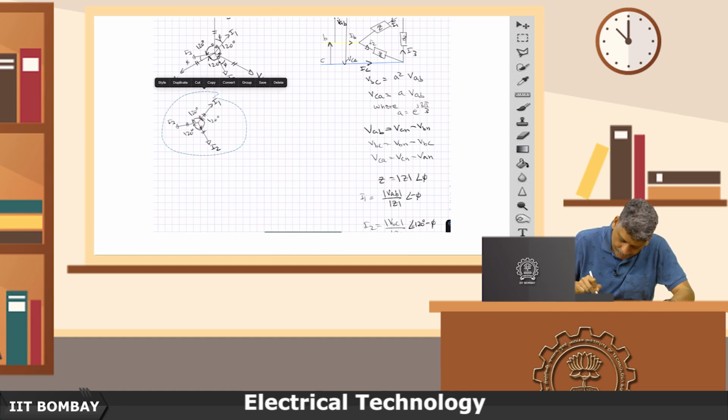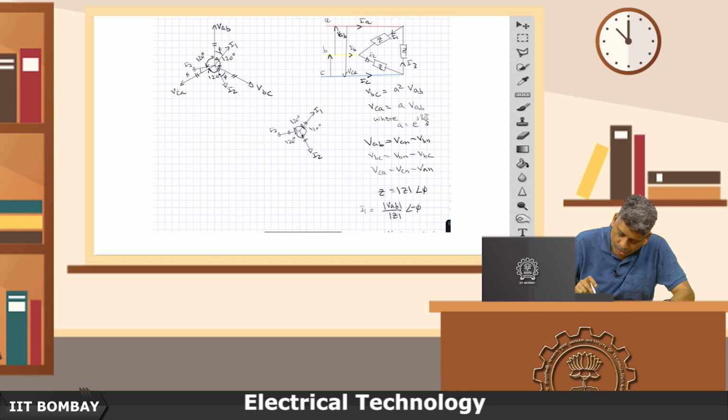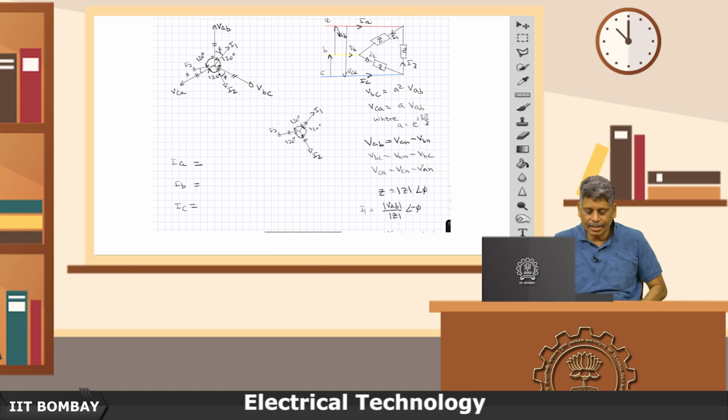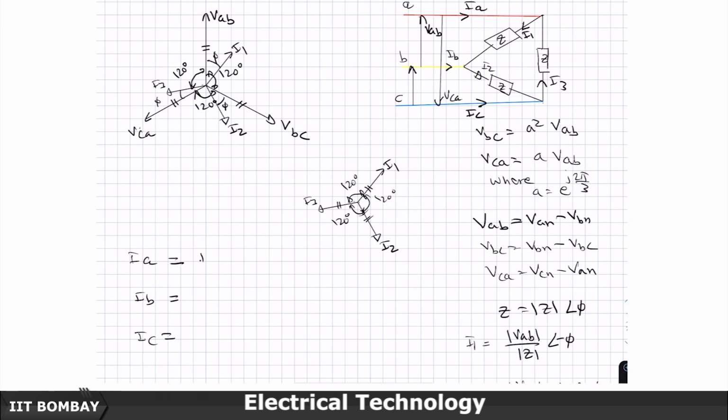So, now let us look at what are my currents, the 3 line currents IA, IB and IC. IA is going to be equal to I1 minus I3, is it not?